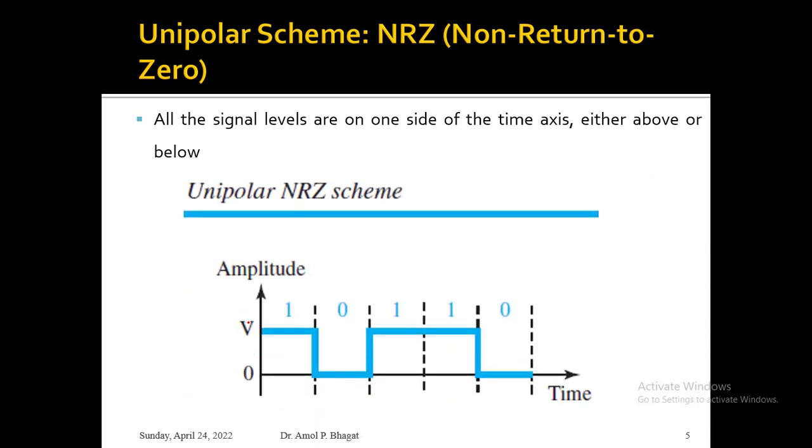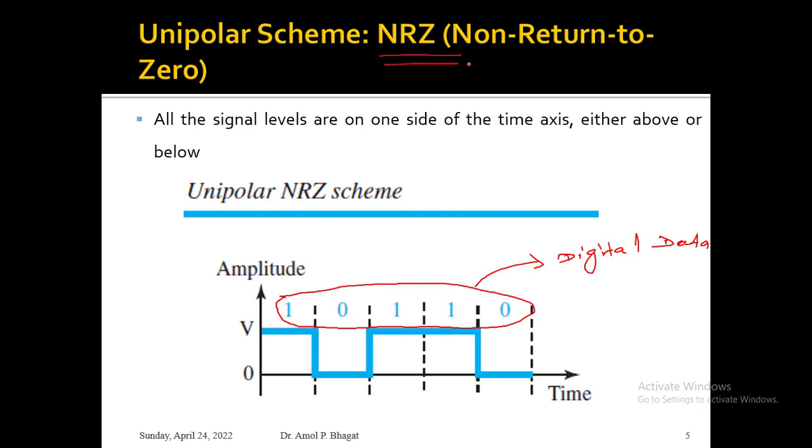So here you can see that this 10110 is nothing but your digital data, right? This digital data we want to represent in digital signal form. Okay, so by using this unipolar non-return to zero scheme, you are converting digital data into a digital signal. So this is nothing but the digital signal, right?